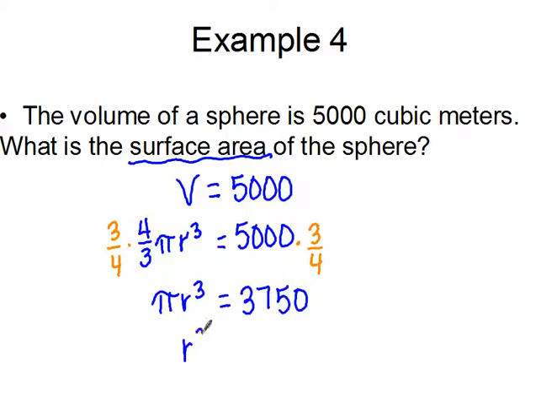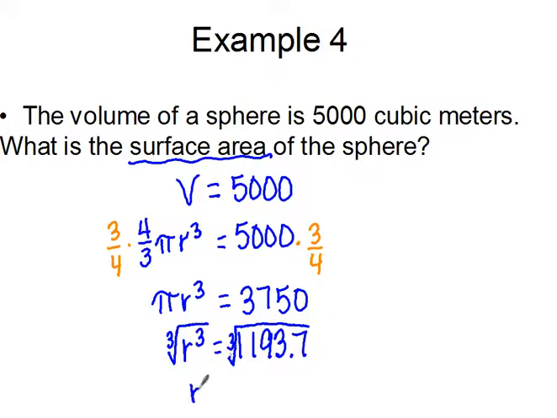Then you're going to divide both sides by pi. And we'll get 1,193.7. Now, see how this is r cubed? Just like a square would take the square root, we're going to take a cube root. And this you kind of need to see on a calculator.